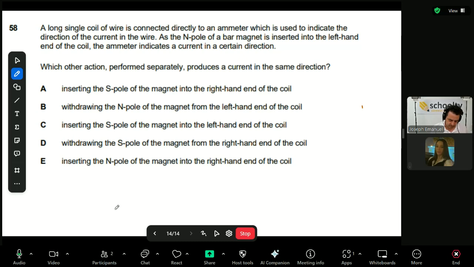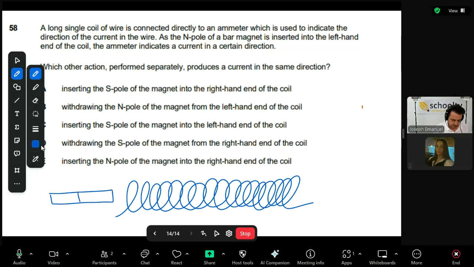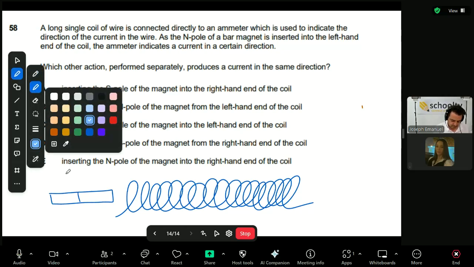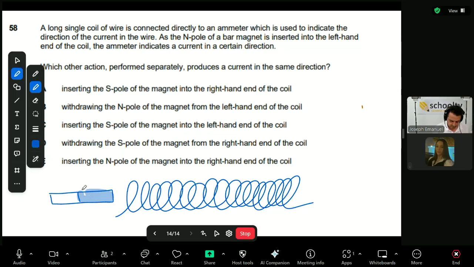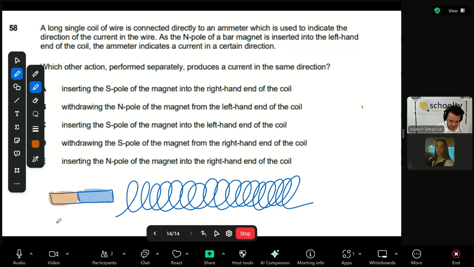So you have a single coil and you have a magnet. You know, magnets have the north and the south.